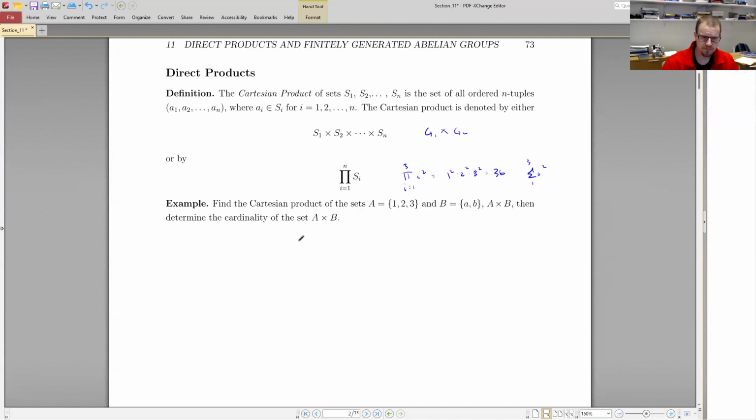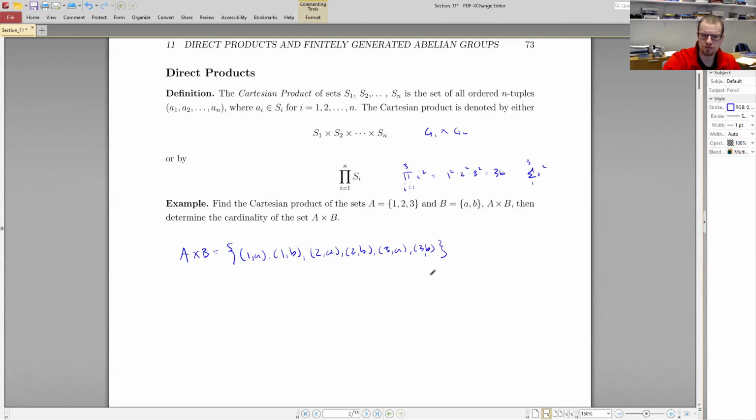All right. So we want to find the Cartesian product of these sets, A and B here. So this is the Cartesian product, then determine the cardinality of the set A cross B. So if I want A cross B, I am looking at a set of ordered pairs. So I'm just taking things that belong in A and pairing them with things that belong in B. So I could say 1A, 1B, 2A, 2B, 3A, 3B.